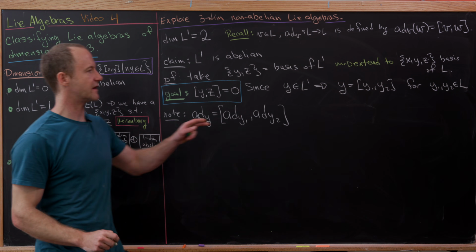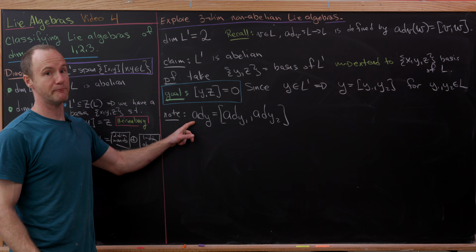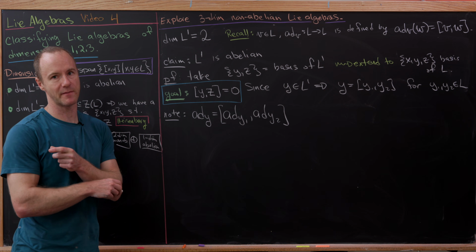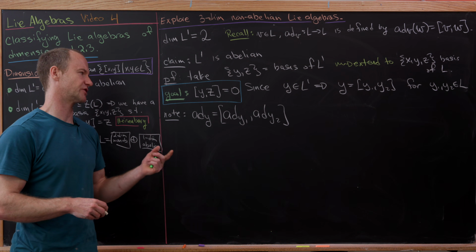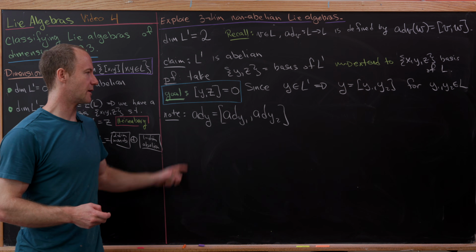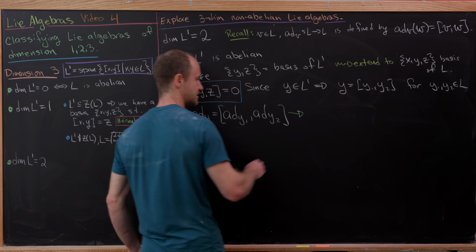Okay, we just showed that if Y was the bracket of Y1 and Y2, then the map defined as the adjoint action of Y was the commutator of the maps defined by the adjoint action of Y1 and Y2. Now we can apply the trace to both sides and something kind of special happens.